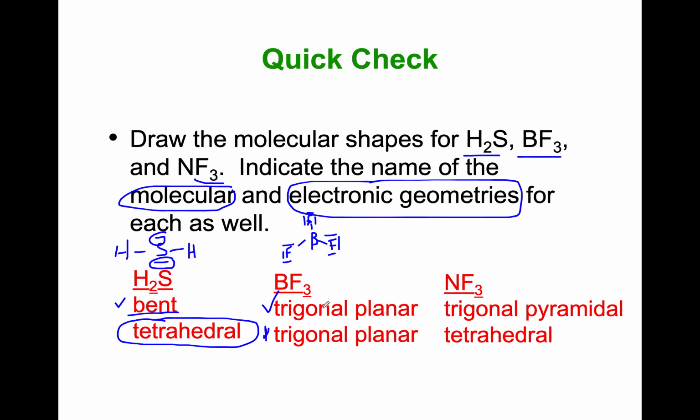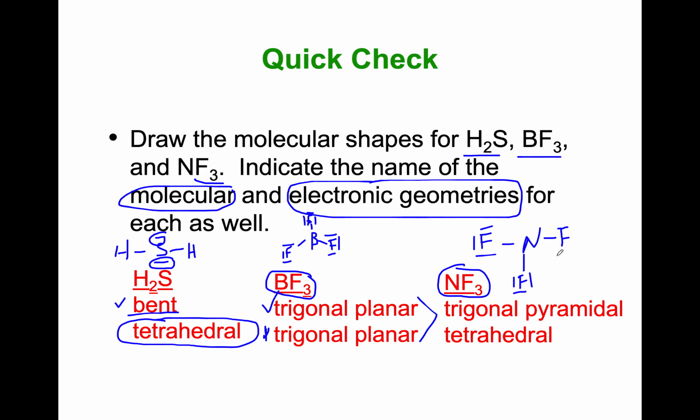And lastly, NF3, I want to point out here, BF3, NF3, they look similar, but look, they are completely different geometry-wise. That's because you have to have the Lewis structure, and the Lewis structures are different. Okay, so you have to have the steps, how to draw good Lewis structures, and then you have to be able to identify electron regions.